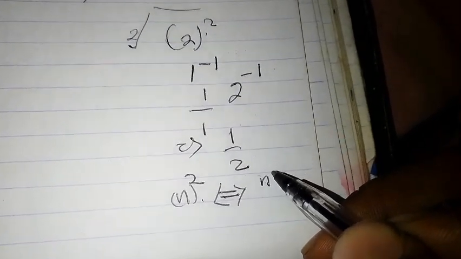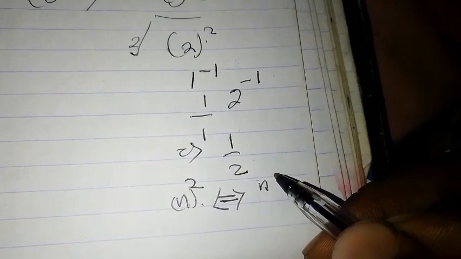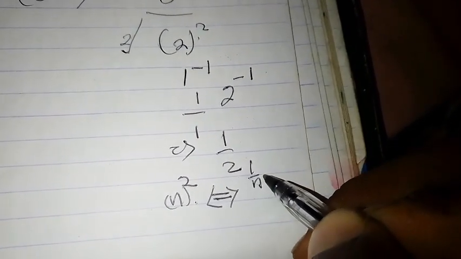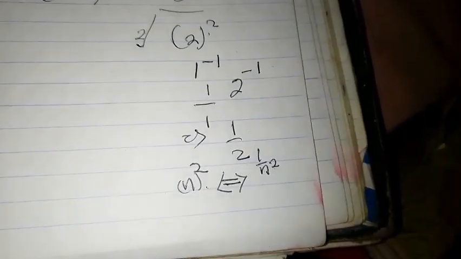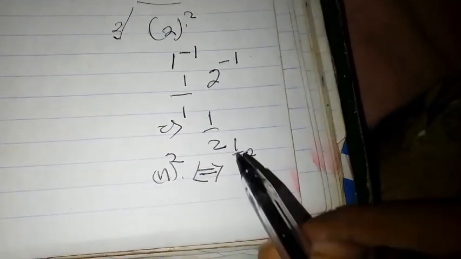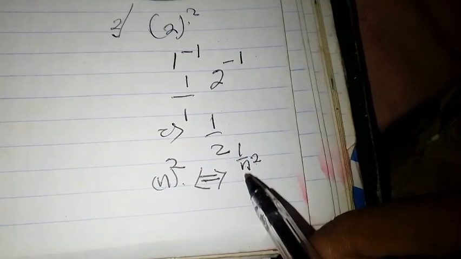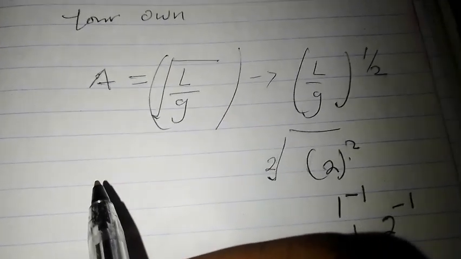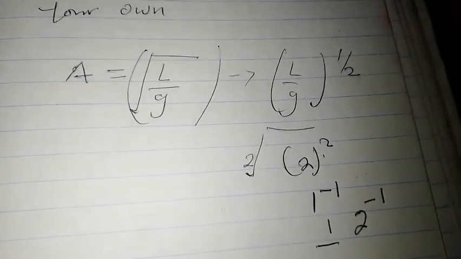Let's actually remember this. So n squared inverse is equal to 1 over n squared. So this is what I mean. So now let's focus on the main question.